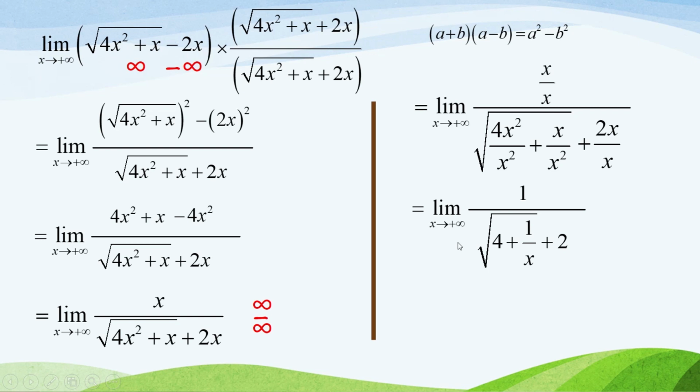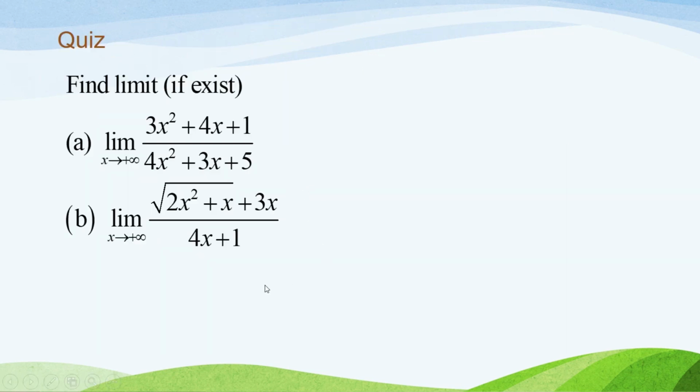Substituting infinity, we get 1 over (the square root of 4 plus 0, plus 2). The square root of 4 is 2, so we get 1 over (2 plus 2), which is 1 over 4. You can answer this question as your homework.